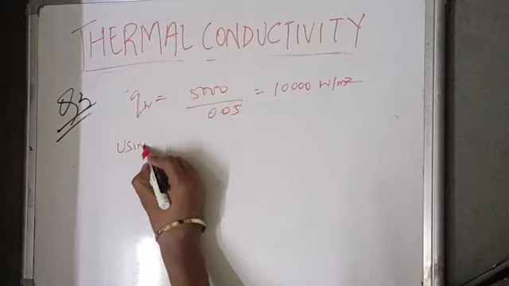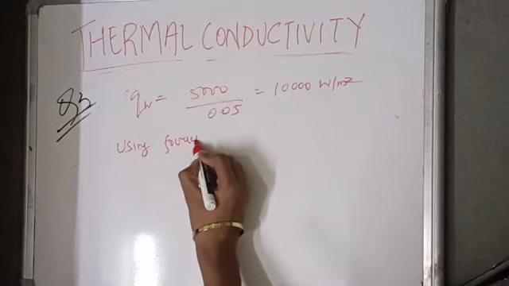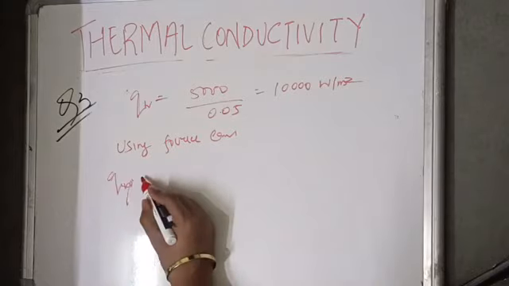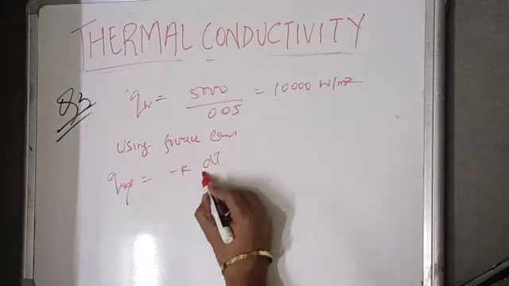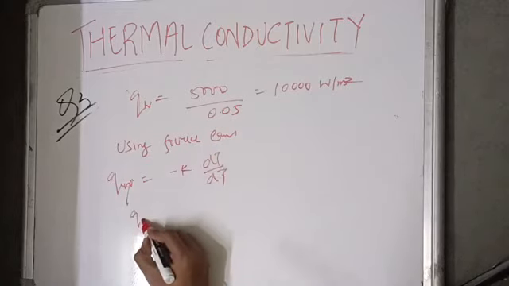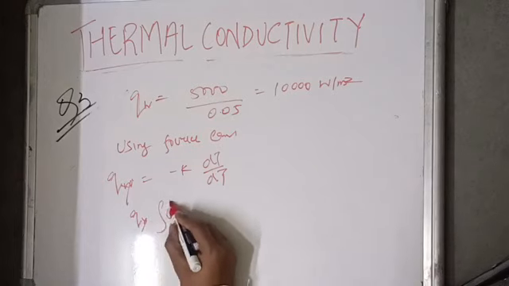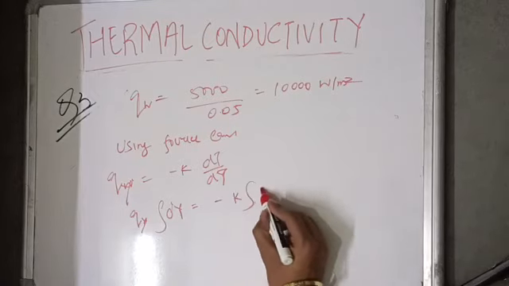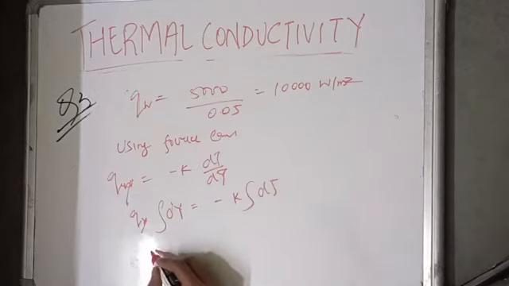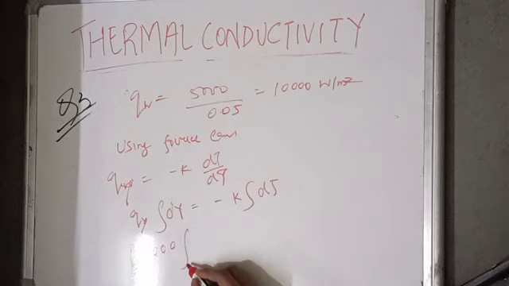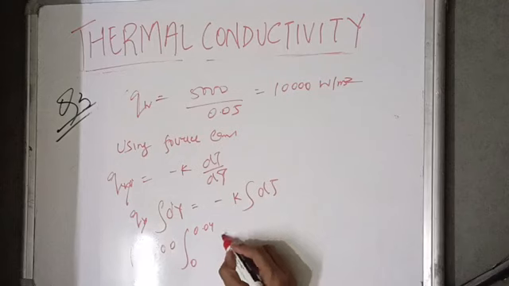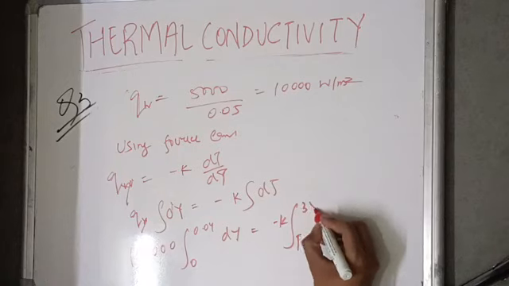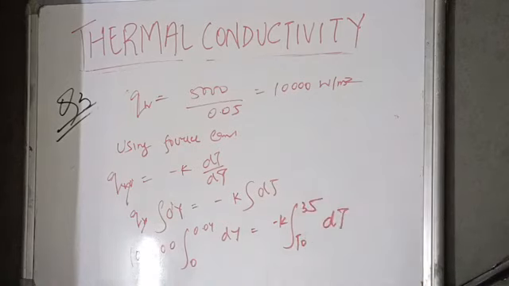Using Fourier's law, we know that q equals minus K dT by dy. Integrating, we put the limits from 0 to 0.04, minus K times dT, with the other surface temperature 35.